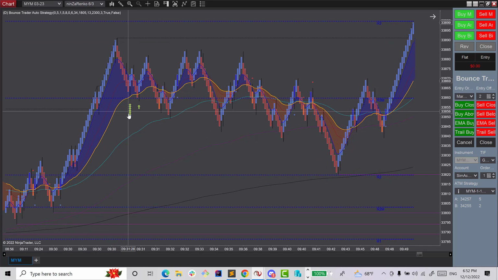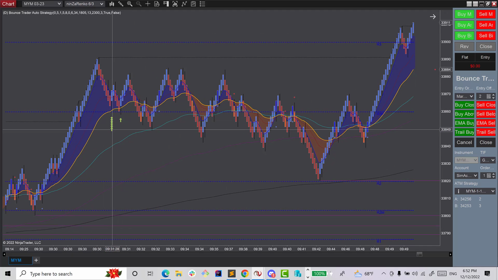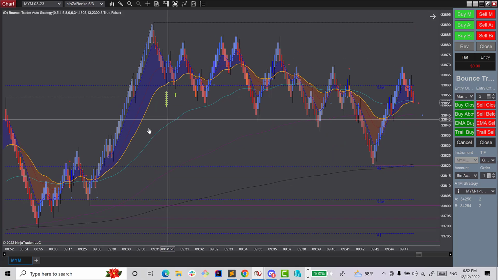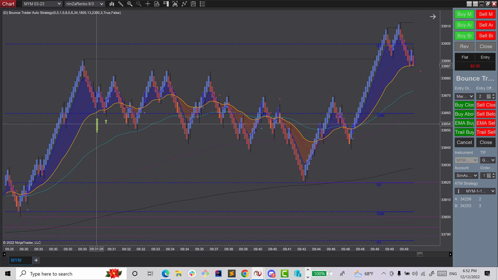Mine doesn't want to scroll easily. We have a bounce here. We have a bounce here. We have a bounce here.